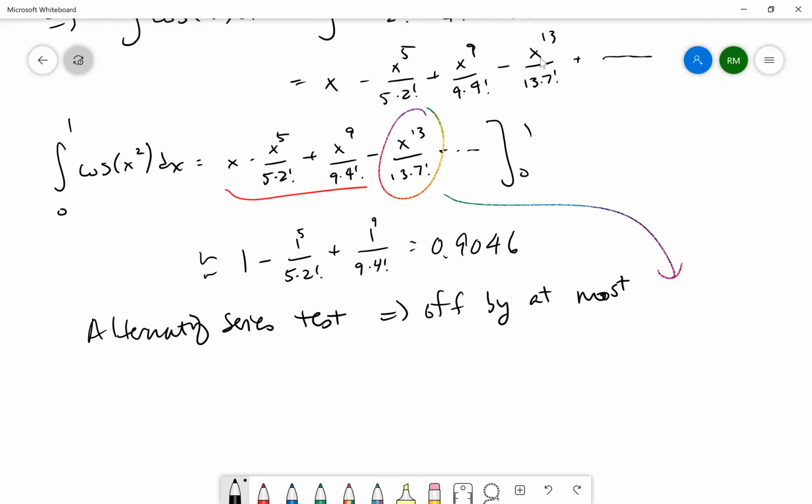So that term is 1 to the 13th over 13 times 7 factorial, which is about 0.000107. That's really close.